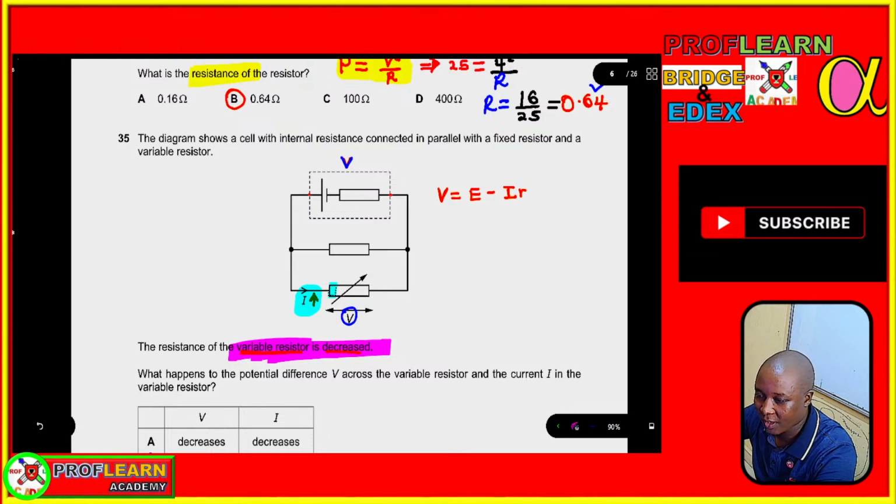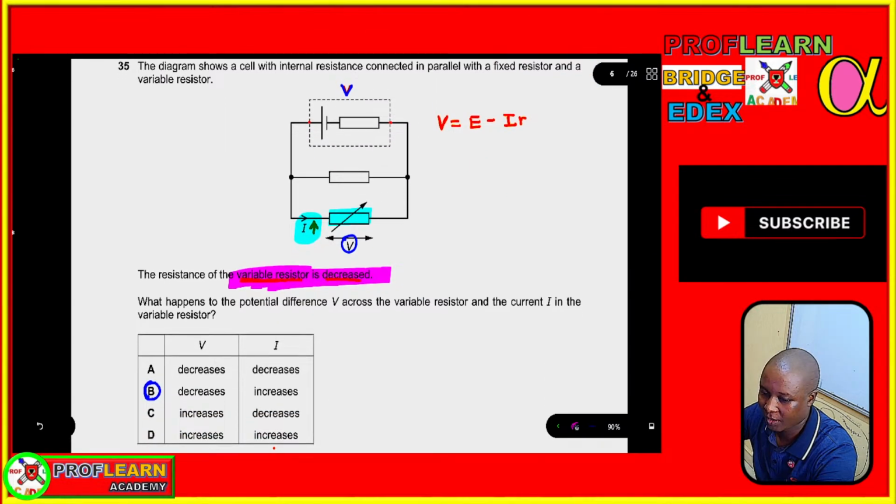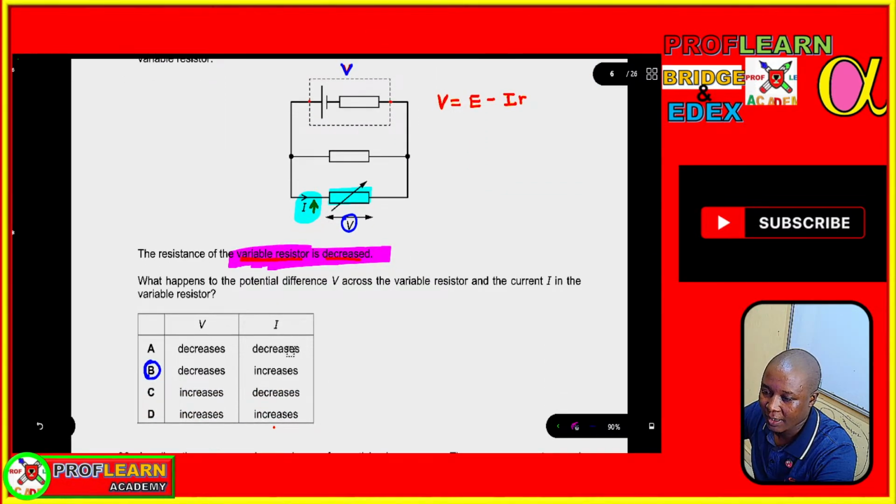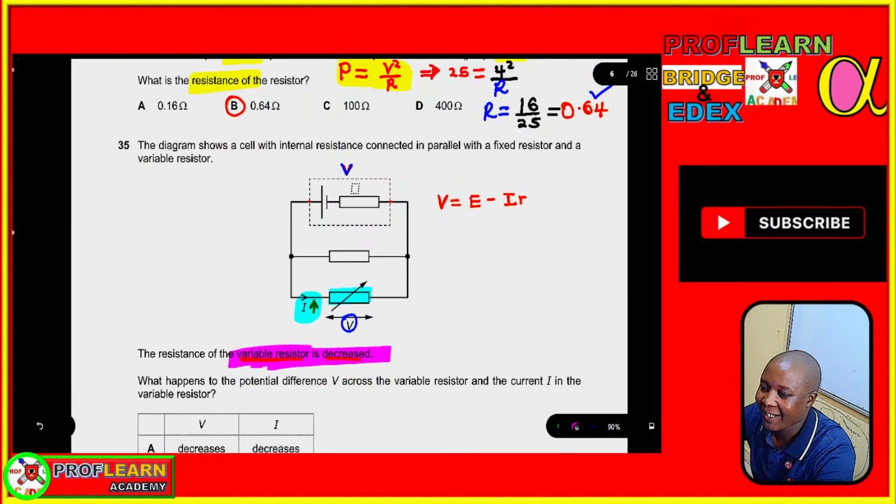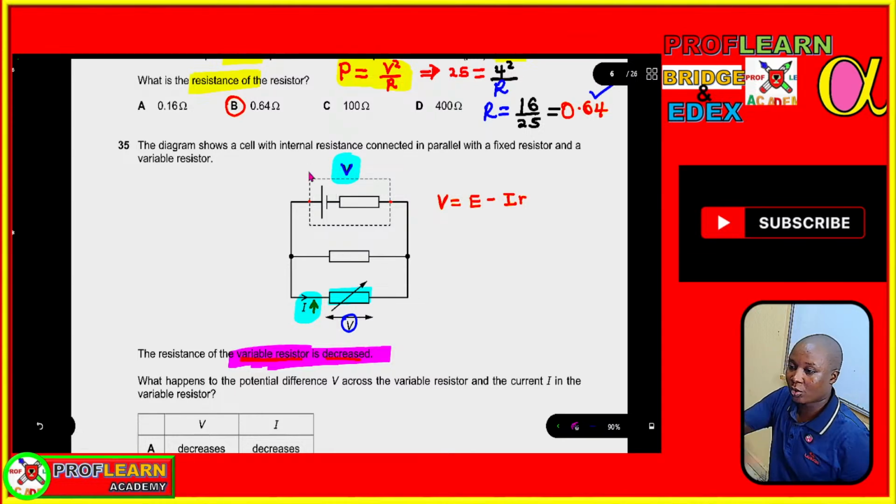So if the resistance of the variable resistor is decreased, there will be an increase in the current, right? Since more current is being drawn and this particular cell has internal resistance, there will be a larger potential drop in the internal resistance. So the terminal voltage is going to reduce.